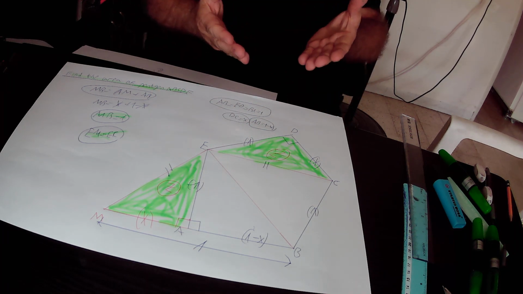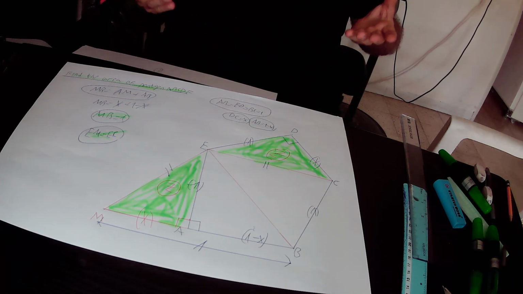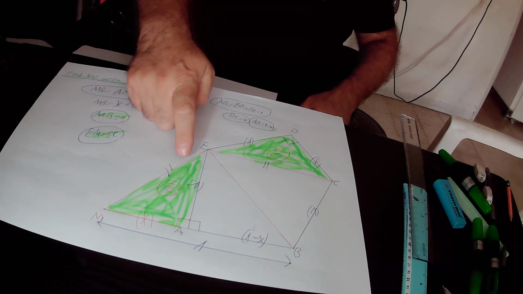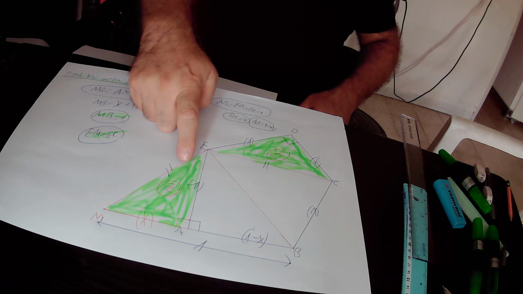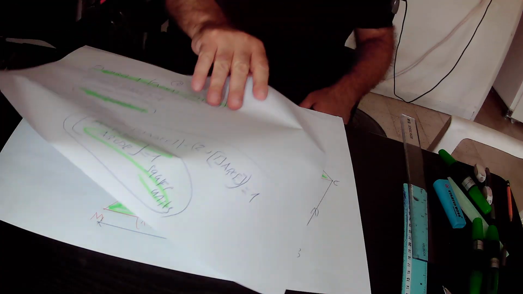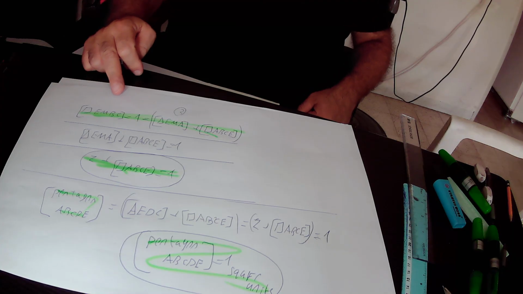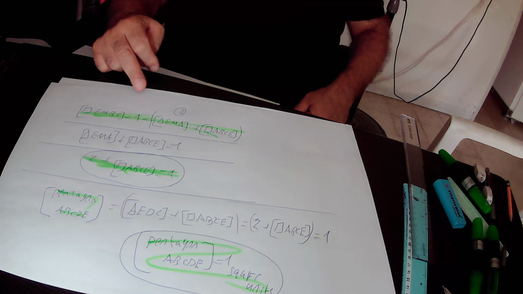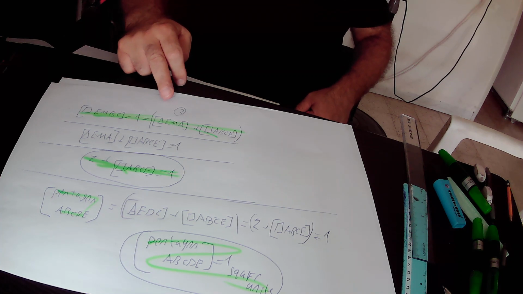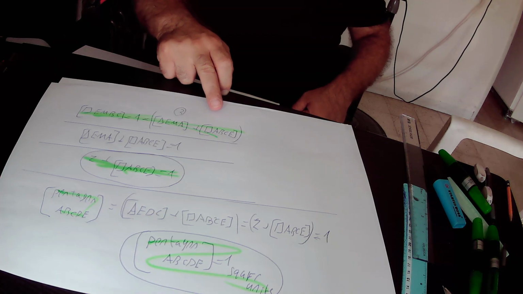And therefore, the area of the big quadrangle EMBC must be equal to the sum of the areas of the two shapes that it consists of. That is to say, it must be equal to the area of triangle EAM plus the area of quadrangle ABCE.